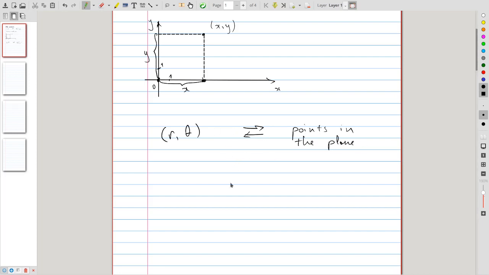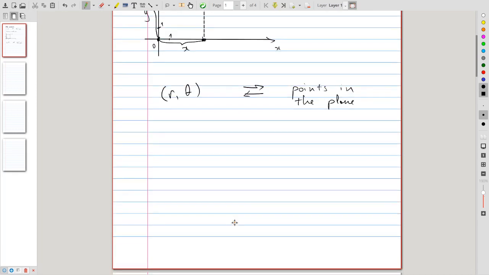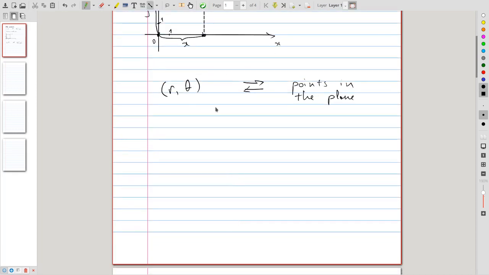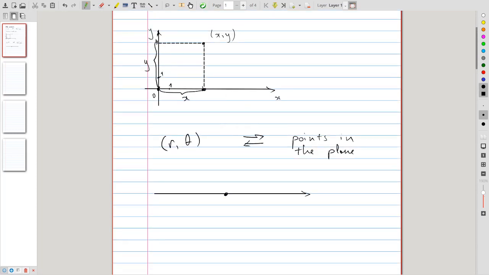So suppose you have a plane in which there is a fixed axis, like so. This is similar to the Cartesian case, where we have to fix the origin and axes and direction of the axes, and also the units.